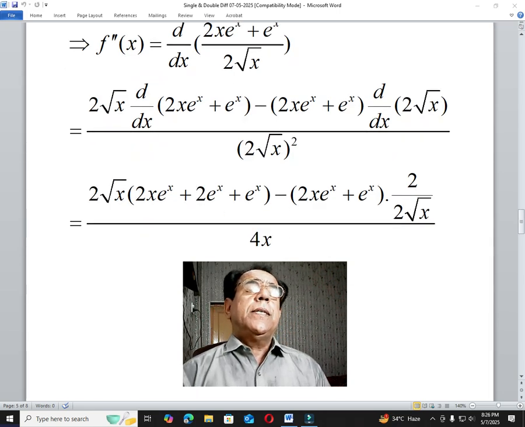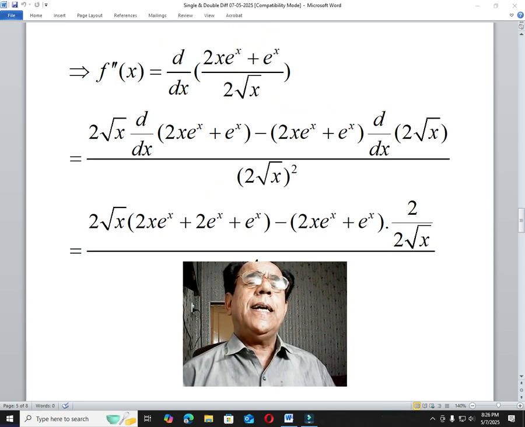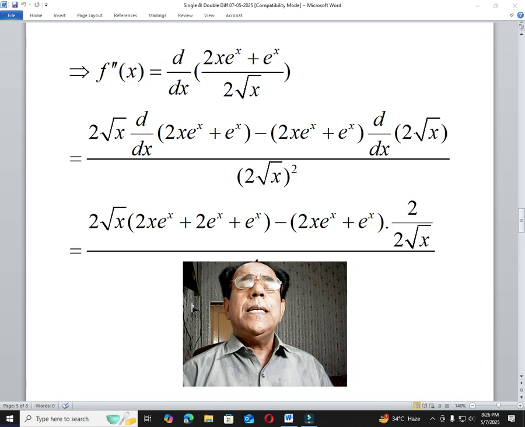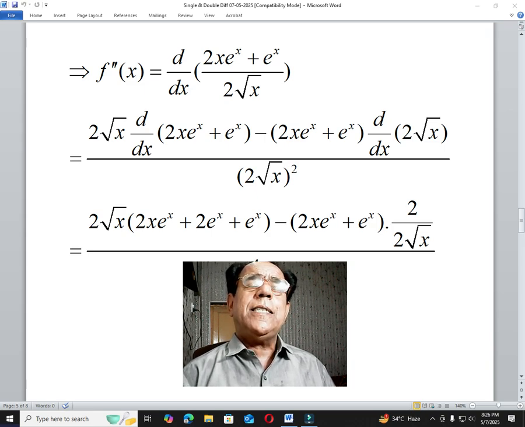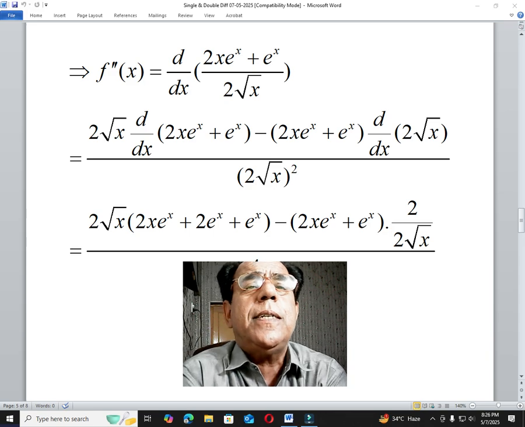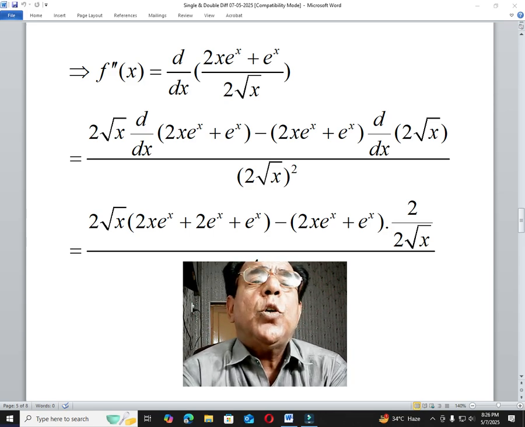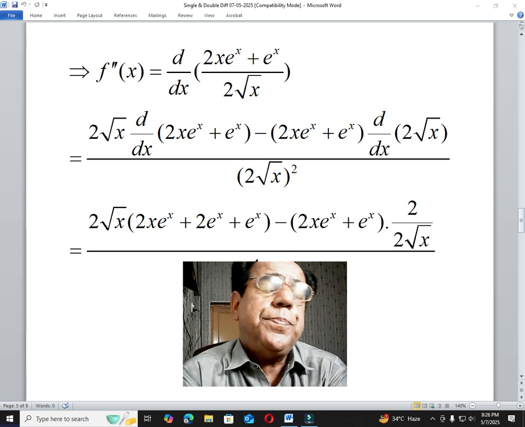So dear students, first we have written 2 into square root of x as it is, and then we will differentiate 2x into e raised to power x plus e^x, minus we will keep this part as constant, that is 2x into e raised to power x plus e raised to power x as constant, and we will differentiate 2 into square root of x. Okay.